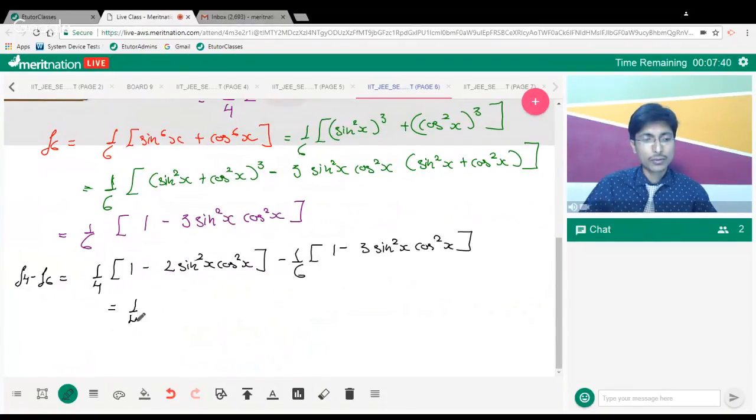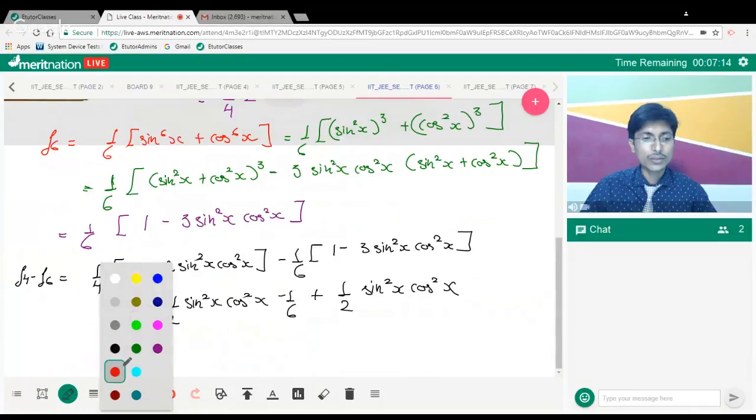So this will be equivalent to 1 by 4 minus 1 by 2 sine square x cos square x, and I'm having minus 1 by 6 plus again 1 by 2, because 3 by 6 is 1 by 2, sine square x cos square x.